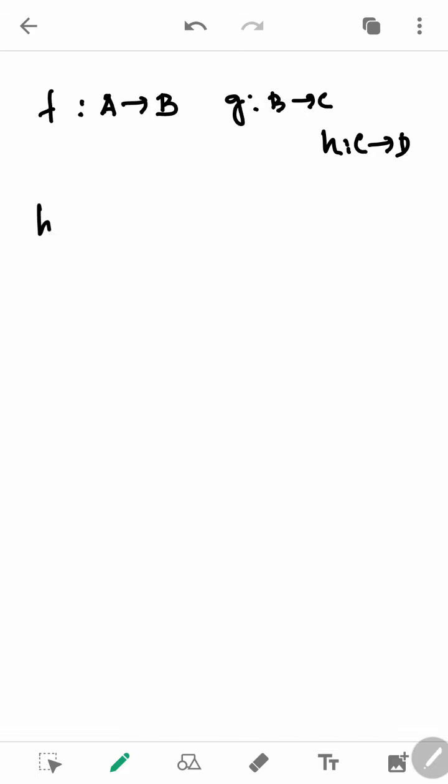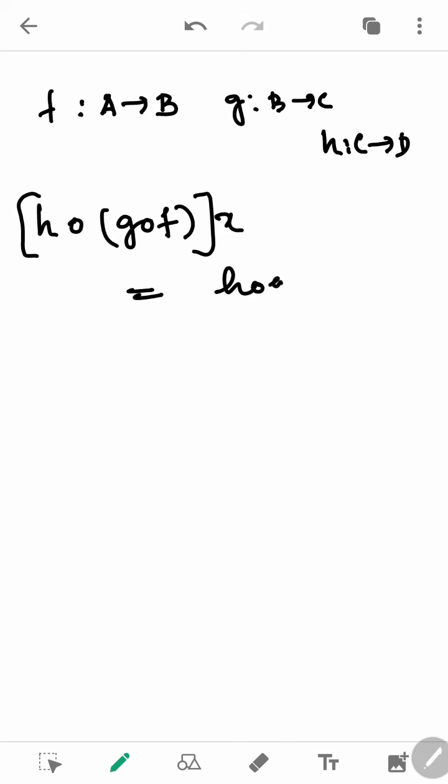We have to prove that h composition g composition f of x is equal to h composition g of f of x. We have to see whether this is equal or not.